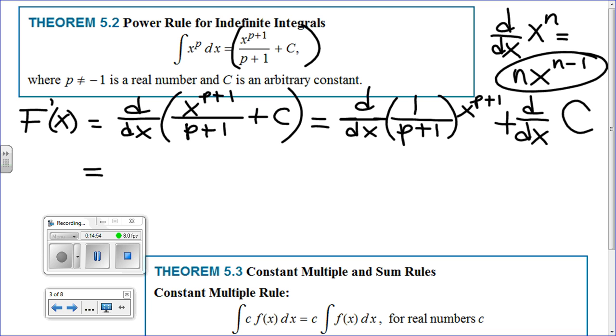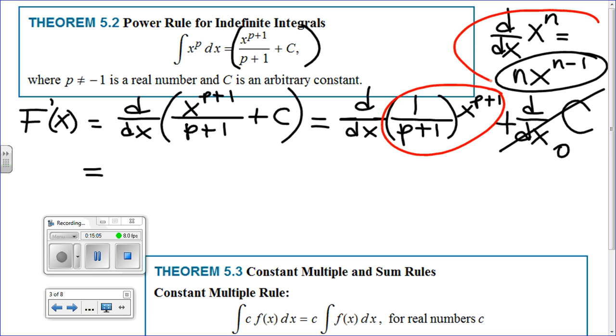Now, you already know that the derivative of the constant is going to be 0, right? So, if we use this formula, it will give us 1 over p plus 1 times the exponent here, right? So that one, we could actually put it here, or we could put it in place of the 1 inside a fraction.